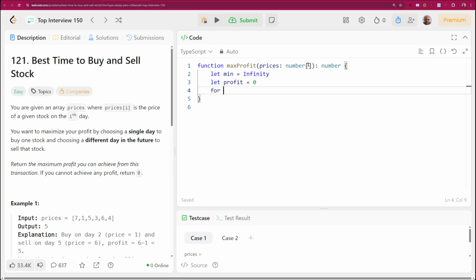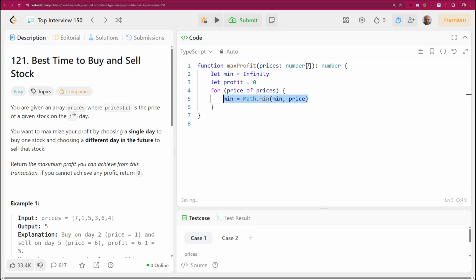Now we're going to go through every price of prices, and say, minimum price would be, let's set it like this.